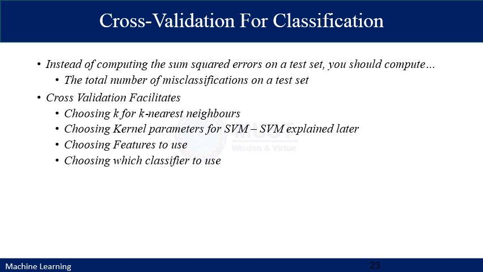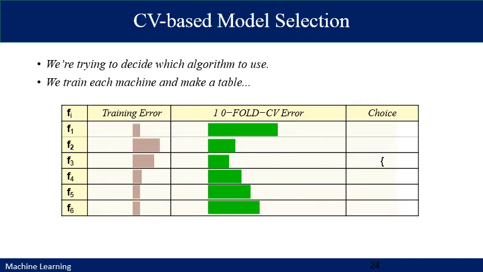Cross-validation also helps in choosing which features to use, and you can remove redundant or irrelevant features depending upon the cross-validation score, and it will help you to choose which classifier to use as well. So again, cross-validation based techniques are used to select the best model.